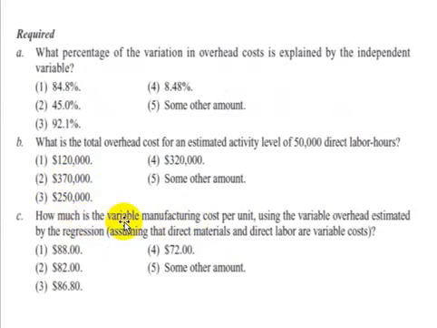C. How much is the variable manufacturing cost per unit? Take your attention: per unit, not per direct labor hour, using the variable overhead estimated by the regression, assuming that direct material and direct labor are variable costs.